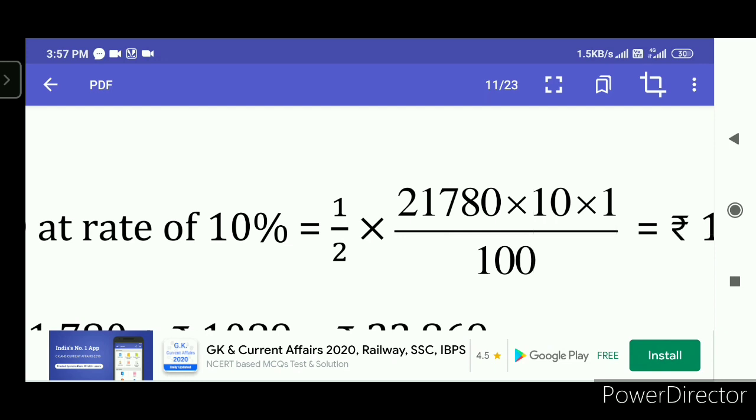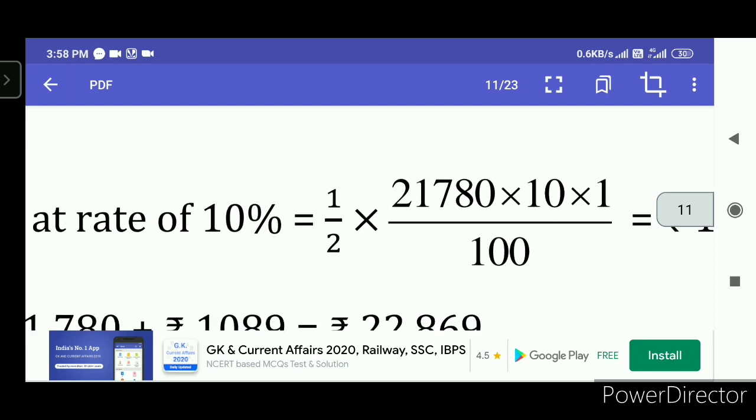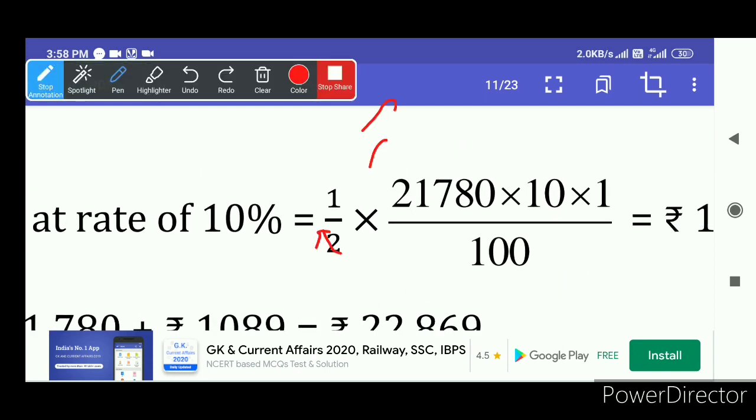Half you have written, enough. If you simplify, what will you get? Here also zeros cancelled. This 2 in this, 1 time, 0 time, 8 time, 9 time. 1,089 is the interest for the half year.